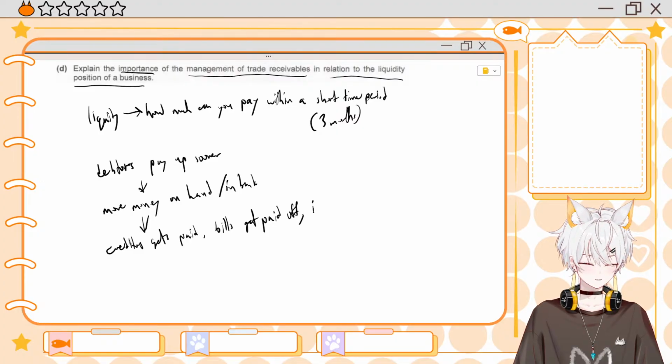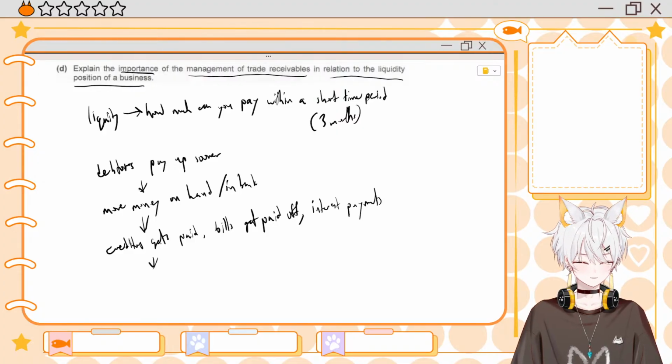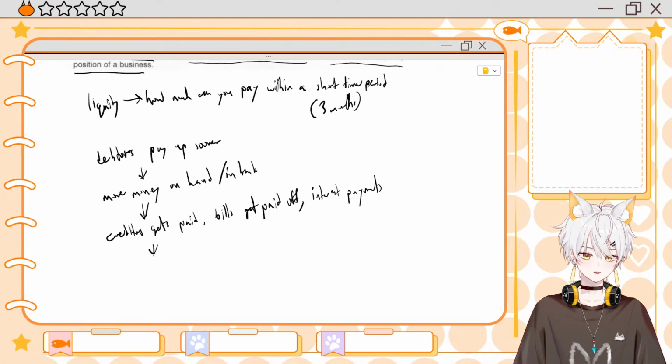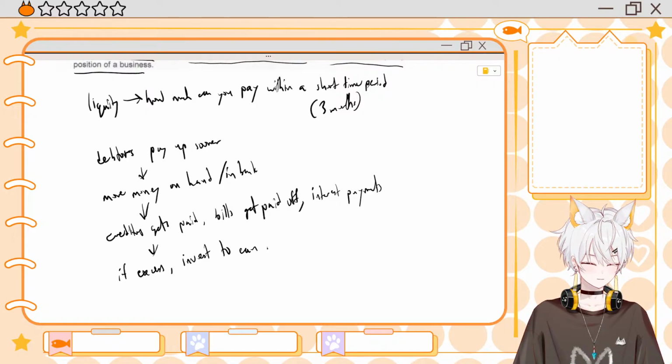Your interest payments. And then after you have made all those payments, if you have excess, you invest to earn more.